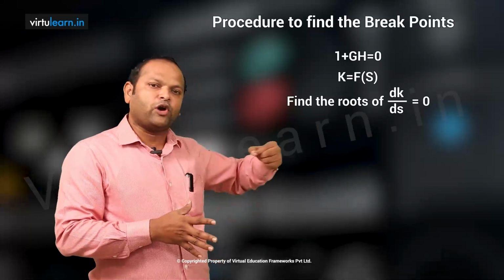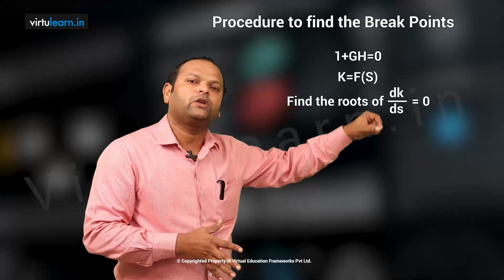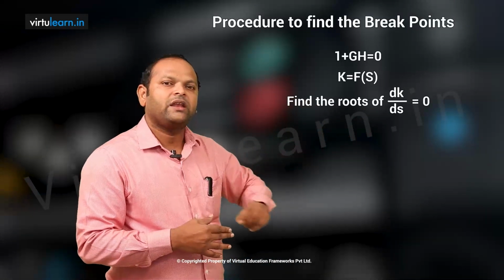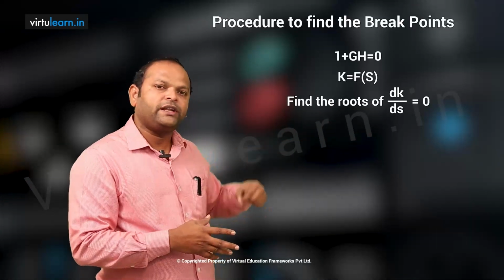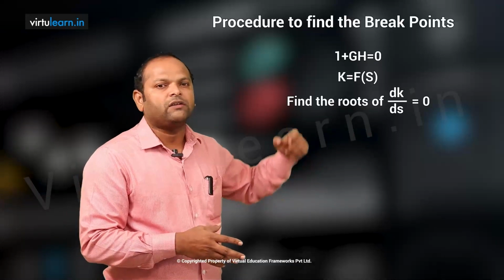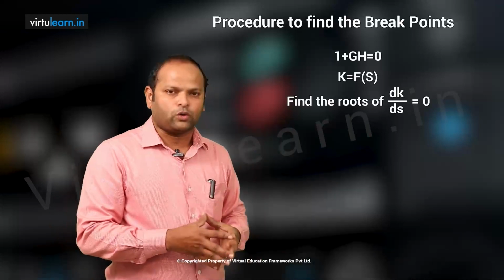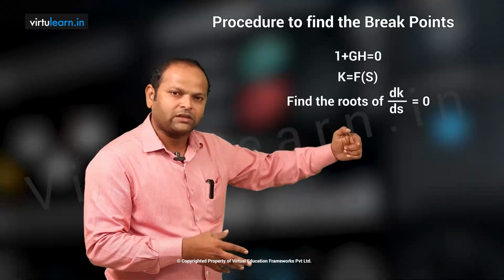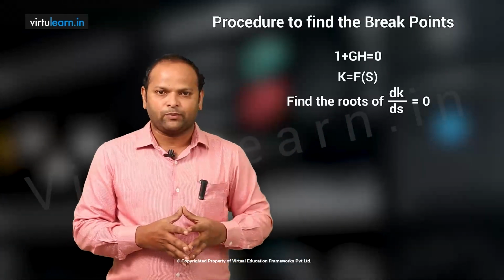Now take this point, locate it in the s-plane, and see whether it fits into the root locus area. If it is not in the root locus area, then it is an invalid breakpoint. If the point is in the root locus area, then it is a valid breakpoint, because a breakpoint is part of the root locus. Therefore, whatever roots you get, s equals something, that point should be in the root locus area to be a valid breakpoint.